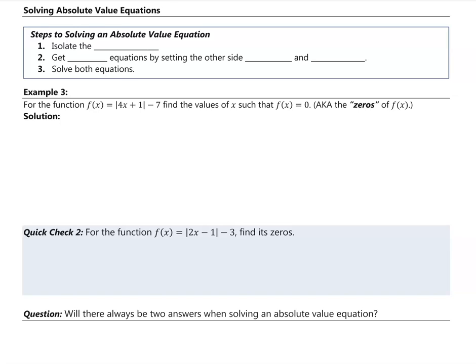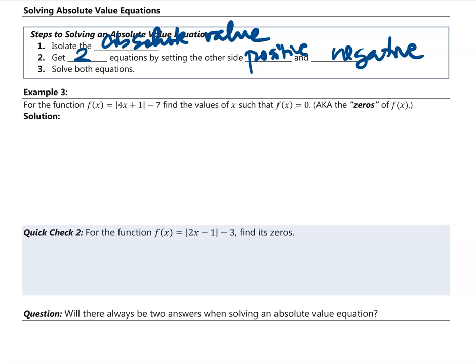The first one is isolate the absolute value. And then all you have to do is get two equations by setting the other side positive and the other one negative, and then solve both equations. Let's do this.